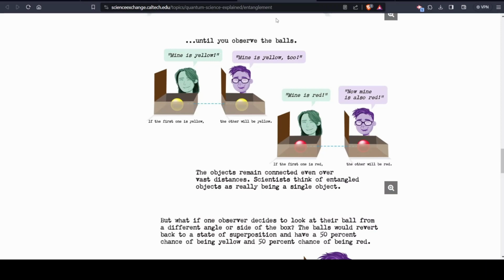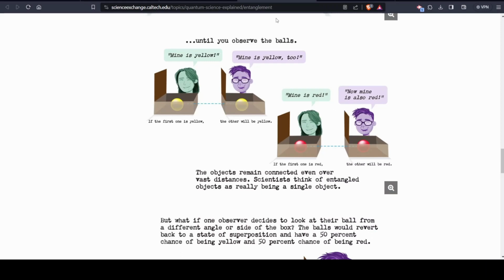What these experiments were finding out when you talk about viewing angle was that you can make the measurement on the first particle, but if you go over to your second particle and look at it from a different angle, you'll see that it actually is still in both of its states. It hasn't actually changed yet, even though that first one has been measured, when you look at this different angle.